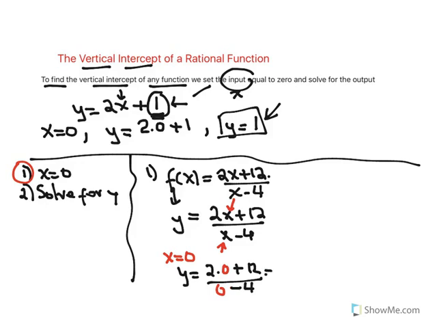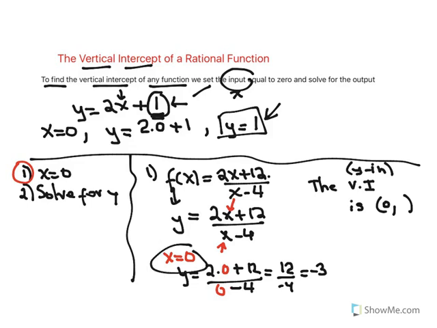Okay, so what do I have here? y is equal to 2 times 0 is 0, plus 12 is 12, and 0 minus 4 is negative 4, so y is equal to negative 3. So the vertical intercept, or otherwise called the y-intercept, is the point (0, -3). Remember that you're making x equal 0.